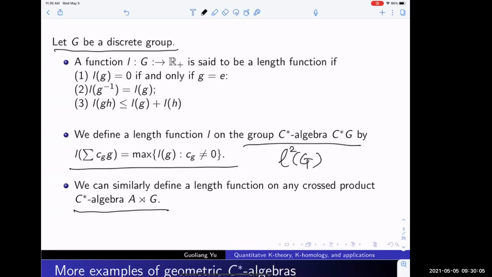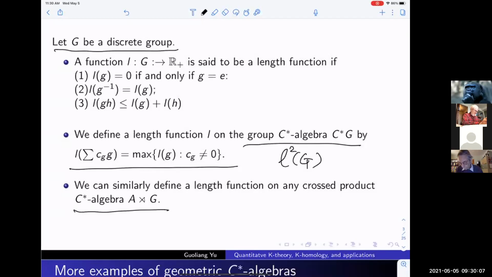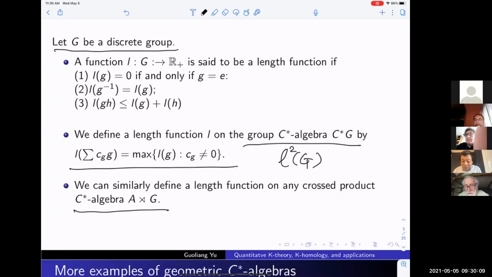Yes. In fact, even in the group C-star algebra case, there is a hidden spectral triple behind, because you can look at the length function as an operator on L2 of G, and then this thing measures the size of the commutator with it, because it's a translation. That's an excellent point. So one can use Alain Connes' spectral viewpoint to look at this.